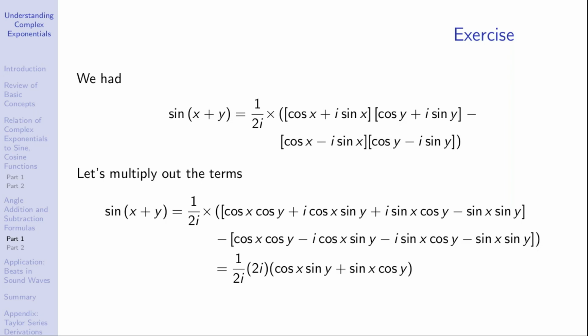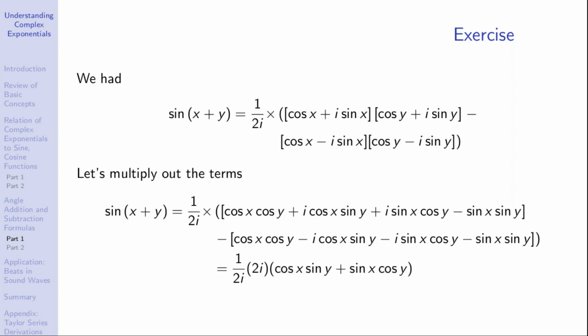Sine of x plus y equals 1 over 2i times the quantity cosine x cosine y plus i cosine x sine y plus i sine x cosine y minus sine x sine y, minus the quantity cosine x cosine y minus i cosine x sine y minus i sine x cosine y minus sine x sine y. That's a bit of a mouthful.